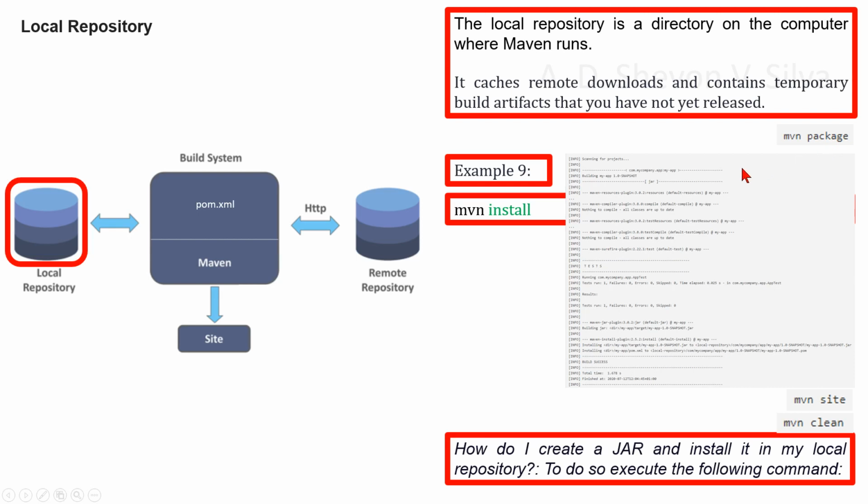Now you will want to install the artifact you have generated, the jar file, in your local repository. user.home/.m2/repository is the default location. And to do so, execute the following command here. Upon executing this command, you will see the following output.